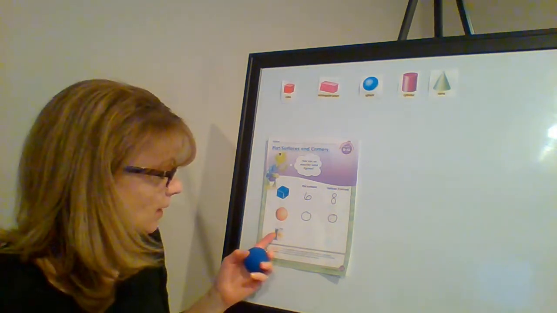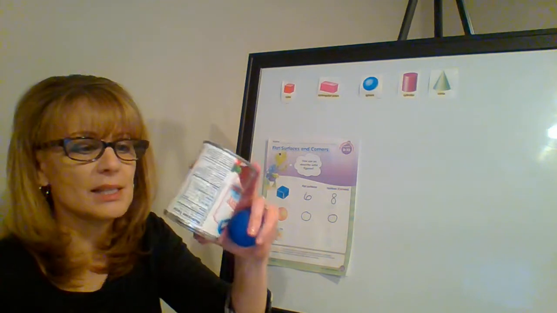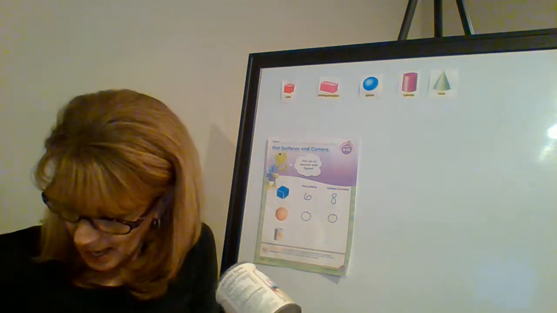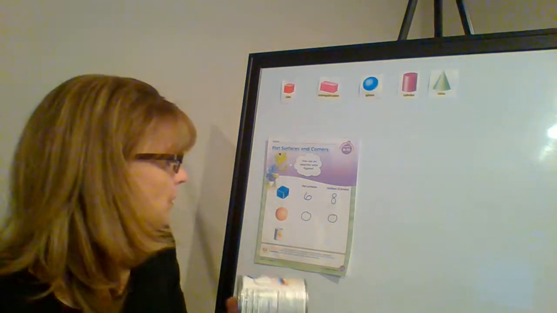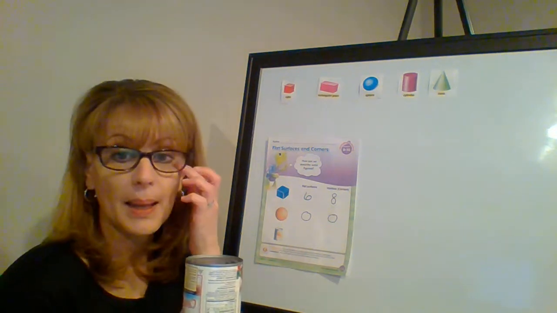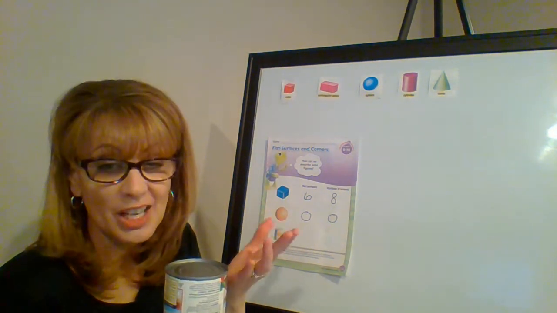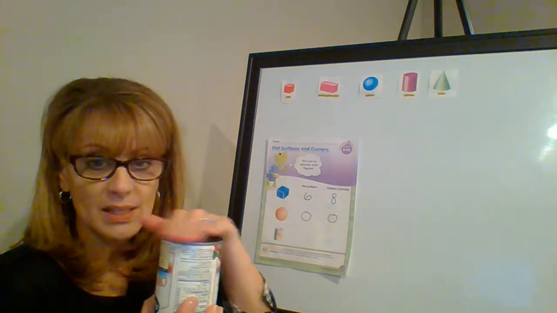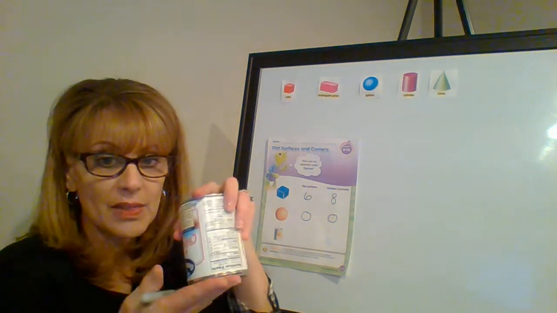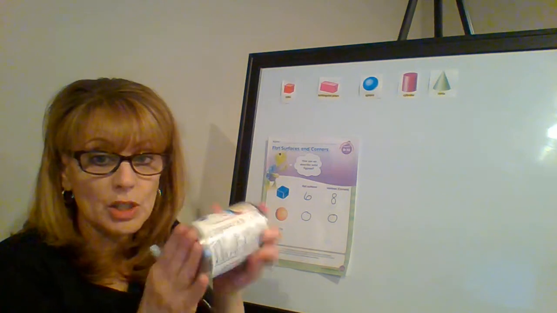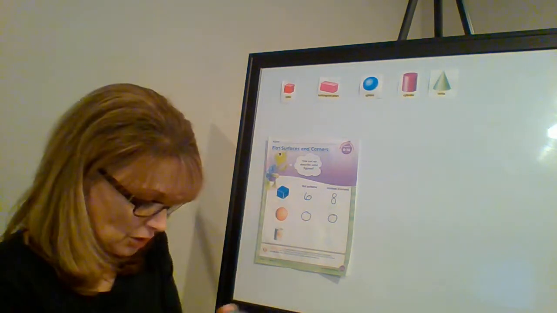So the next one is a cylinder. When you look at the cylinder, now this is not the best of examples because they have decided to make cans have lips, which some do, some don't. But this is considered a flat surface, and this is considered a flat surface. So the top and bottom is a flat surface.